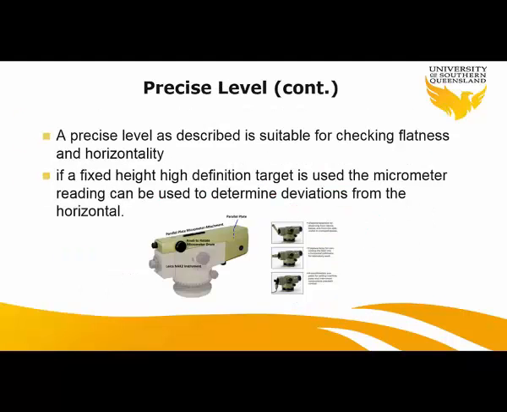A precise level as described is suitable for checking the flatness and horizontality. So we can use this for checking the flatness of the surface and horizontality of the surface. And if you have a very good target which has a micrometer reading or graduation, you can get the deviation from the horizontal to micrometer accuracy.